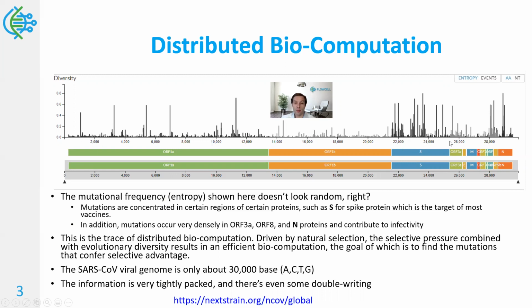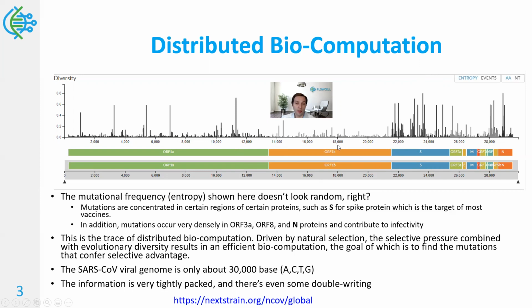And this is essentially a tape measure with a limited diversity of letters, and sometimes there is double writing. That's part of the magic of these viruses. They pack their information here very densely, but they certainly are not completely bereft of biocomputation. Viruses are not alive according to standard definitions.